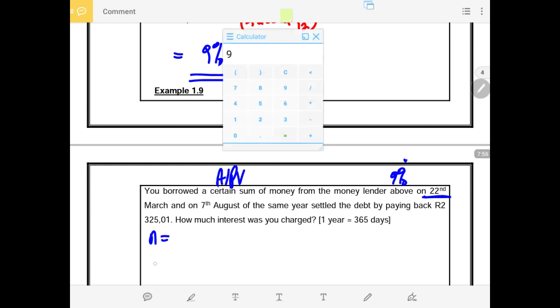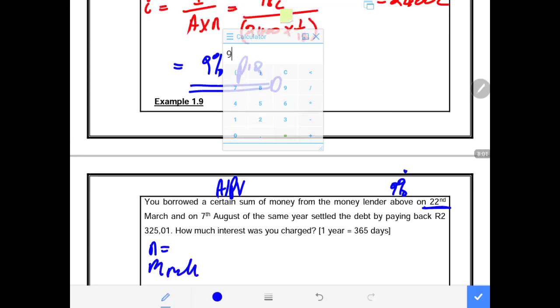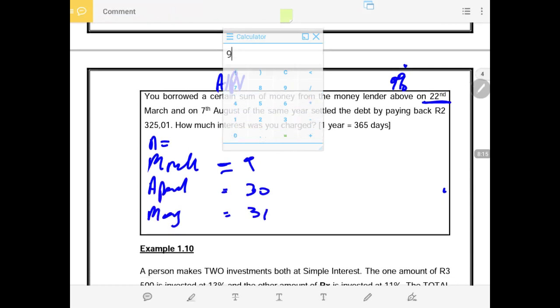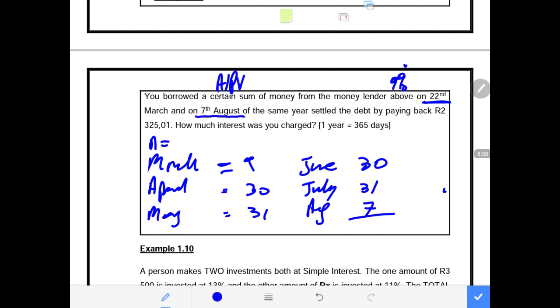That means in the month of March, we will have 9 days. Then in the month of April we will have all the days, which is 30 days. In the month of May, the whole 31 days. In the month of June, it will be 30 days. July is 31 days. In the month of August, only 7 days, because you paid back on the 7th of August.